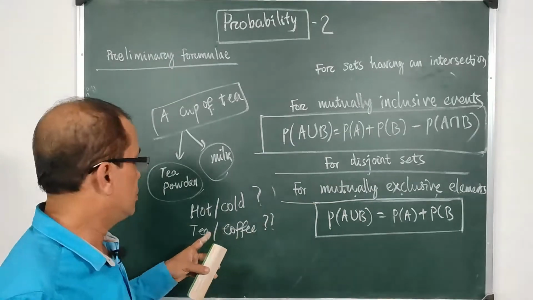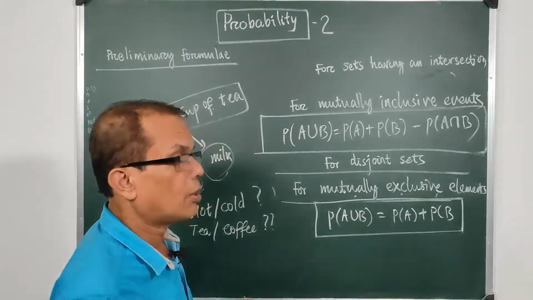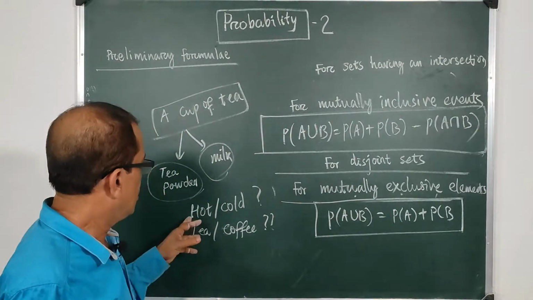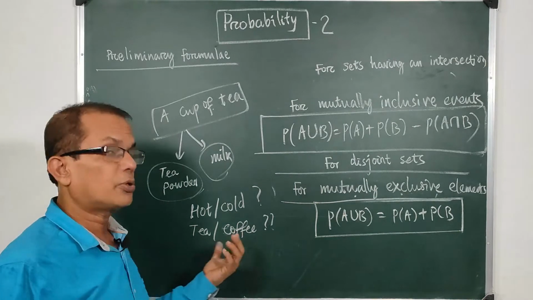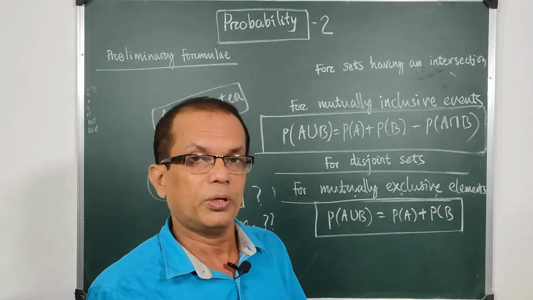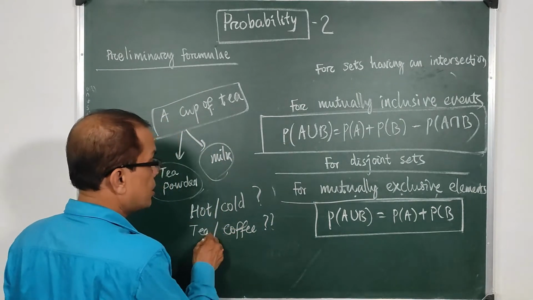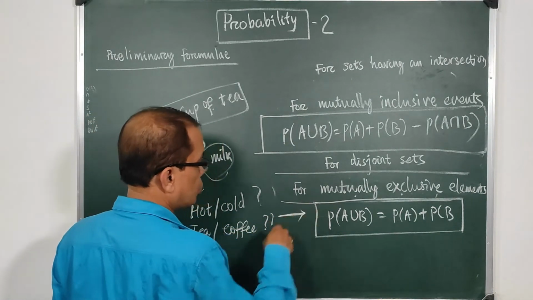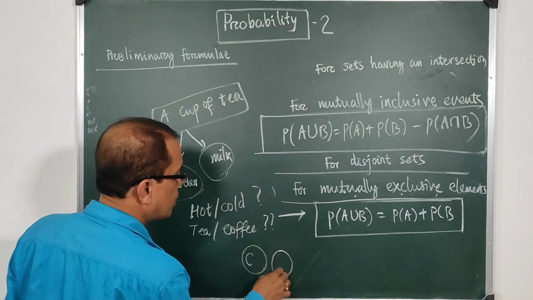Whenever you just enter a house as a guest and are asked hot or cold, do you ask for both? If you are asked for tea or coffee, do you ask for both? Give me tea then coffee? No, we choose one of them. So in this case, the case is mutually exclusive. If you choose coffee, then the tea part is not there.